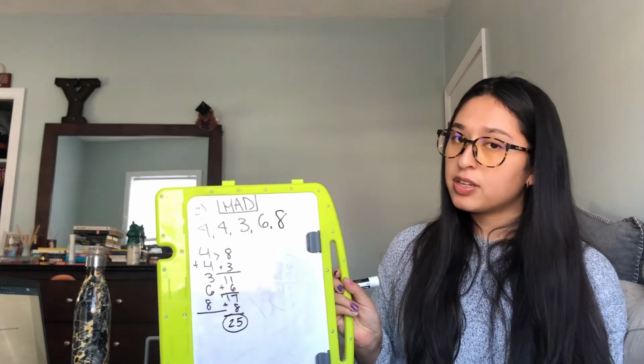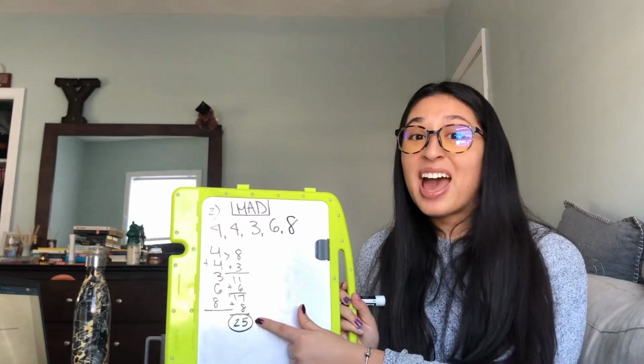When I find the MAD, my first step is to just find the mean. So I'm going to go ahead and add 4 plus 4 plus 3 plus 6 plus 8. 4 plus 4 is 8, plus 3 is going to be 11, plus 6, 17, plus 8, 25.